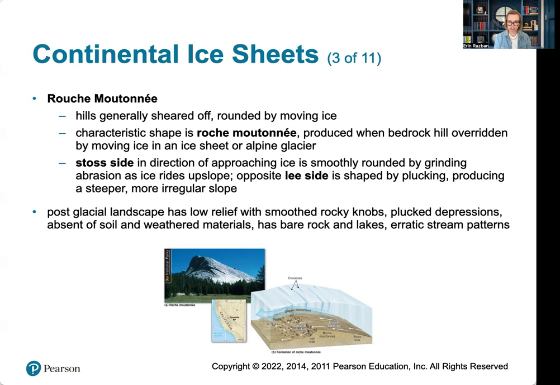The distinctive shape results from abrasion on the stoss side as the ice rides up and over the obstacle, and plucking on the lee side where pieces of the rock are pulled away by the ice.